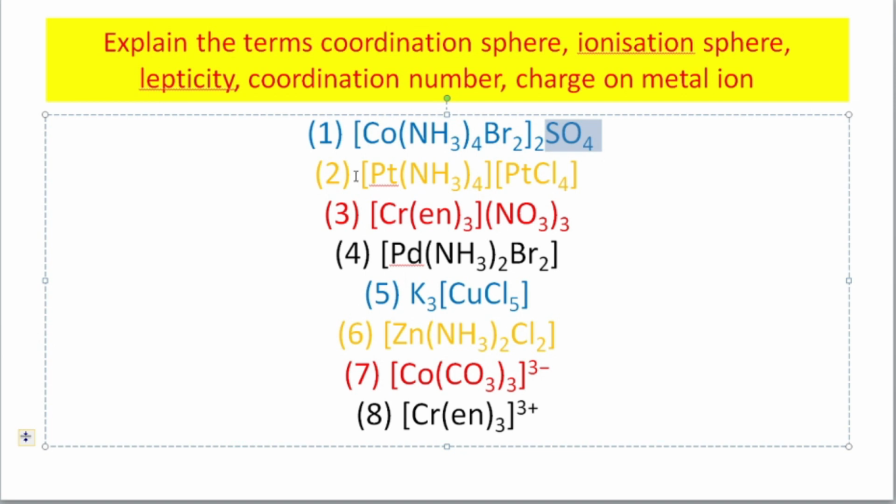So what is the charge on metal ion? Plus 3. Now see this complex. Here two platinums are there, so different charges may be possible. But for the sake of simplicity, I am considering only one term, that's Q. Q plus charge on ammonia 0, plus Q, charge on chloride minus 1 into 4, minus 4. So what are we getting? Q plus 0 plus Q minus 4 is equal to 0.